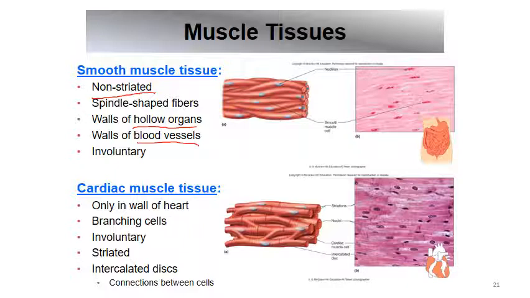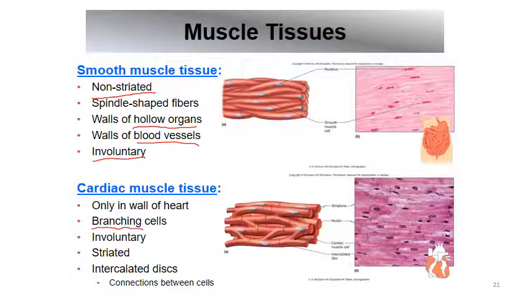So hollow organ meaning if there's like a liquid inside, but it's otherwise empty. So such as our stomach, our intestines, their walls are made up of smooth muscle tissue, and it's under involuntary control. And the cardiac muscle in our heart, so here the cells are branching.